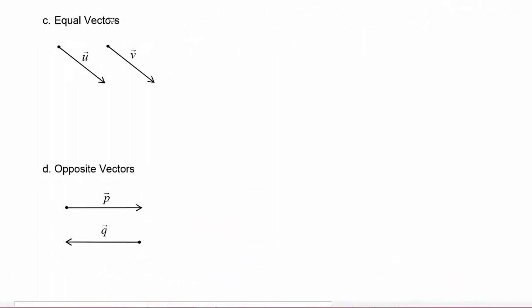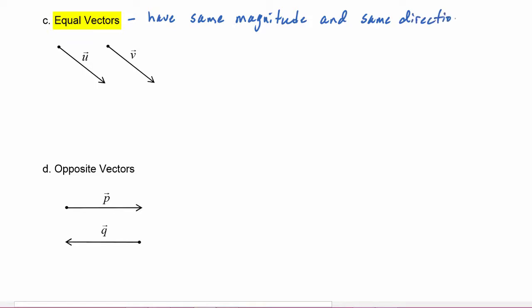Two vectors can be equal if they have the same magnitude and the same direction. Now, the way that you can tell that two vectors have the same magnitude when you're looking at them is that the length of the vectors is equal.